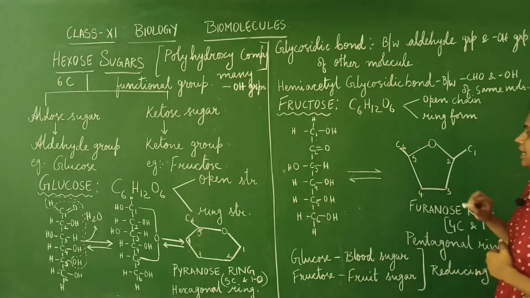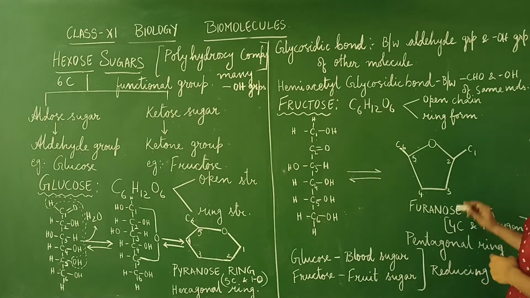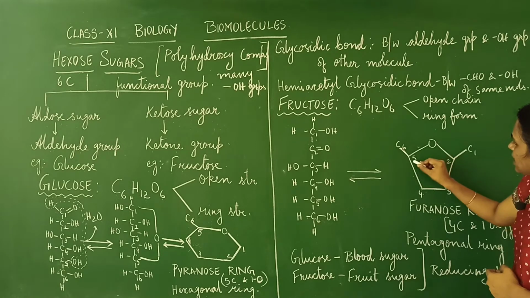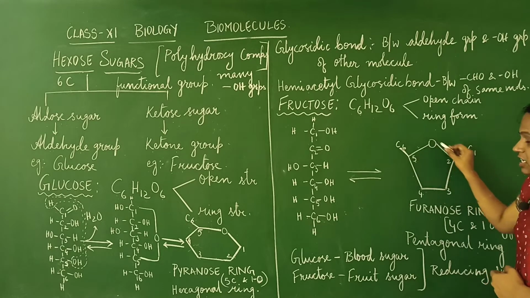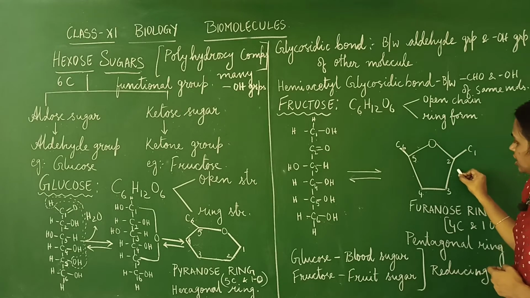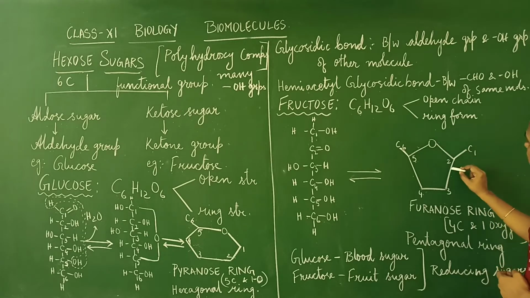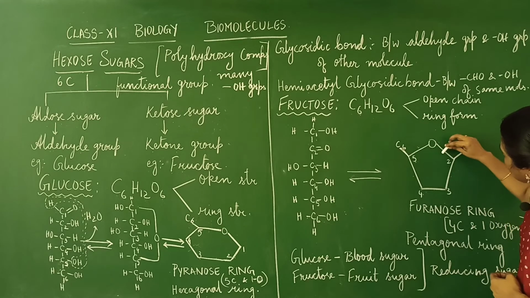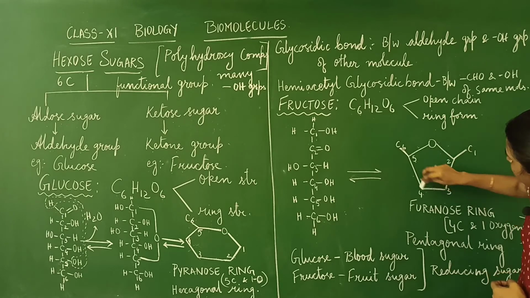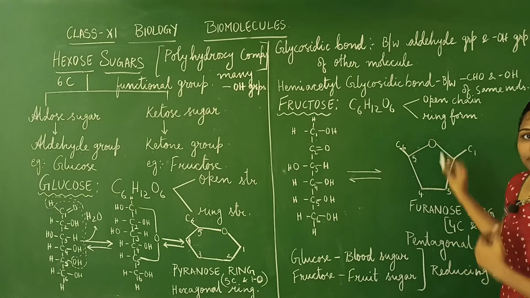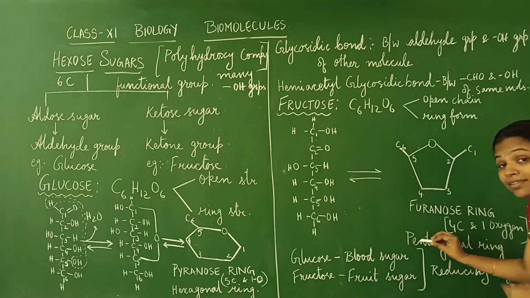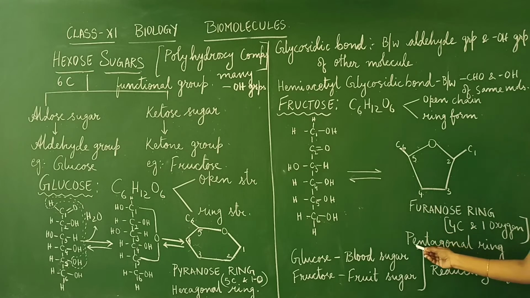So, this is how the ring is actually formed. You can see here the 2nd carbon atom and the 5th carbon atom are joined to each other. So, here you can see that there are 1, 2, 3, 4, 5 sides of this ring. As there are 5 sides, it is called a pentagonal ring.